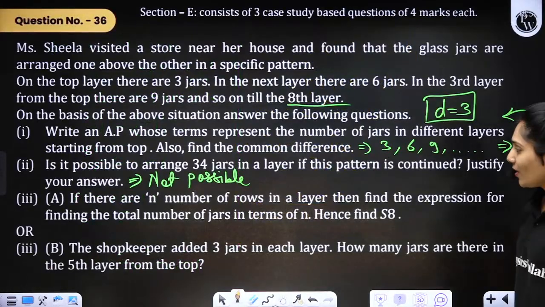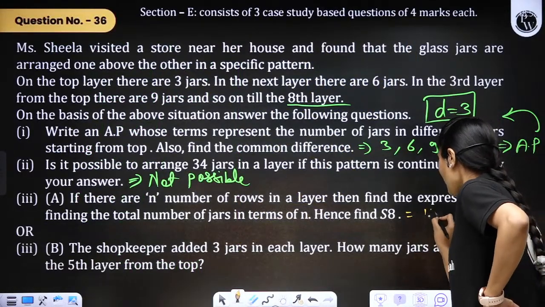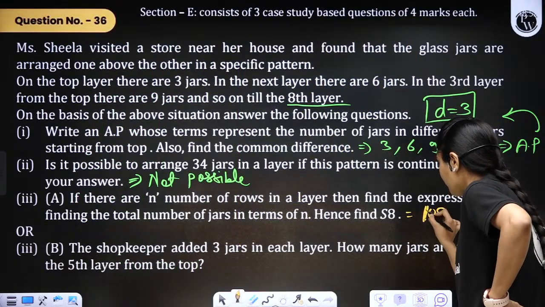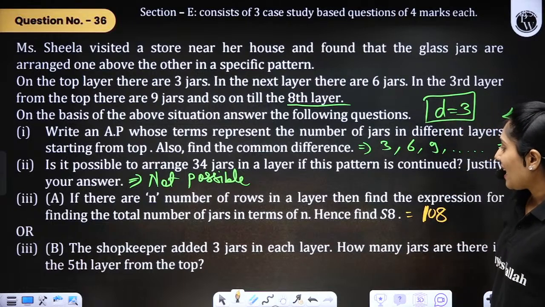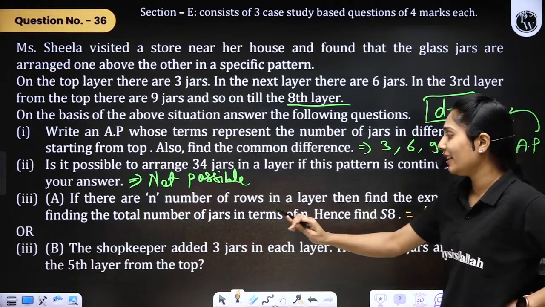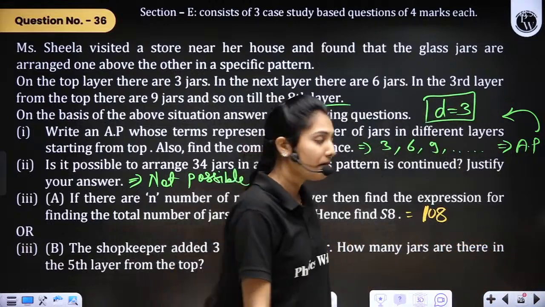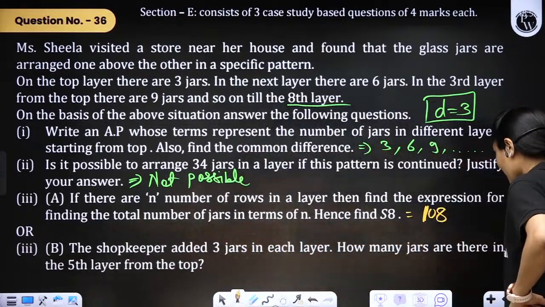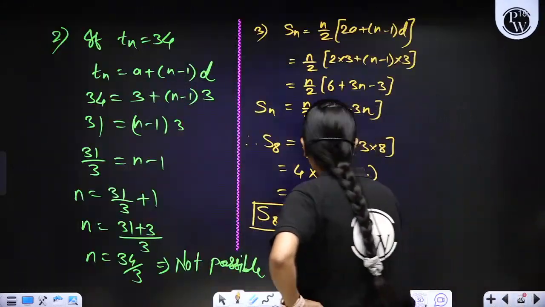Next is the last one. Here it is 108 we got. The shopkeeper added 3 jars in each layer. How many jars are there in the 5th layer?